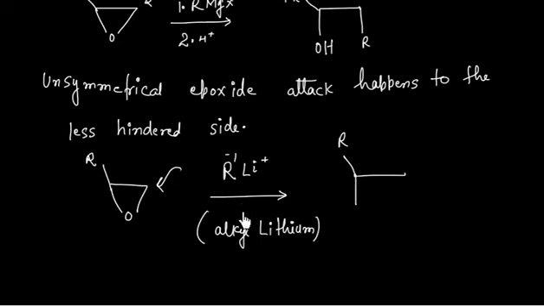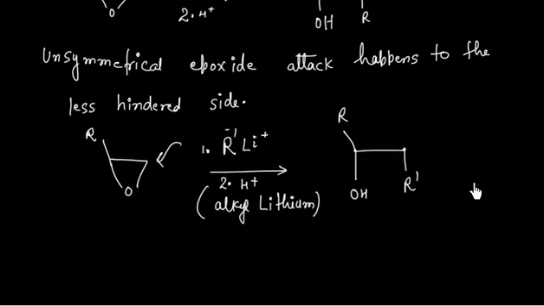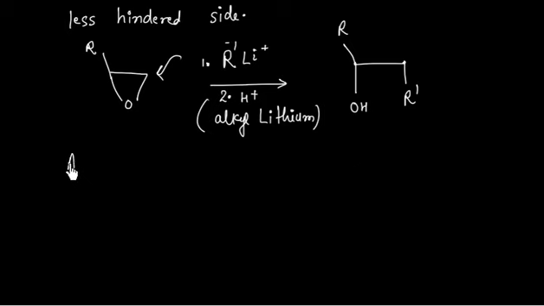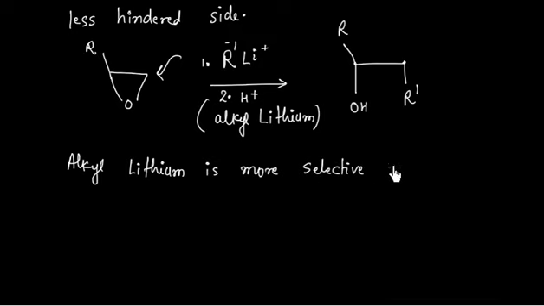So first step is attack and the second step is acidification. Attack will happen on the less hindered side. So we can say alkyl lithium is more selective compared to the Grignard reagent.